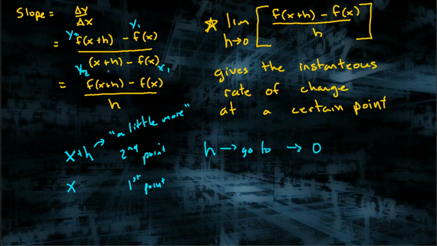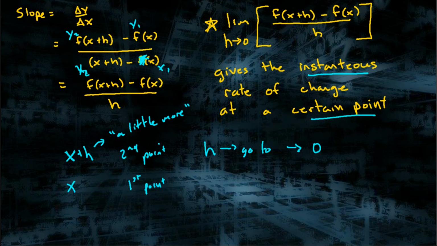And then I just simplified down here. That shouldn't be an f of x, that should just be an x right there. The x's cancel, leaving me with just h. So I'm going to take the limit as h approaches 0, and that's going to give the instantaneous rate of change at a certain point.